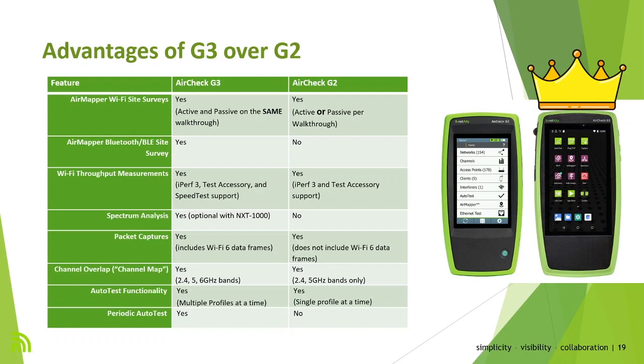Then we have the auto test functionality, so you can now create multiple profiles and run those profiles at the same time, while with the AirCheck G2 you were only able to run one single profile at a time. We also have what we call the periodic auto test, so you can run the auto test at a specific interval up to a maximum duration of 24 hours.